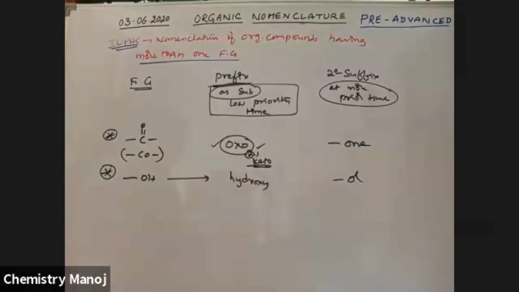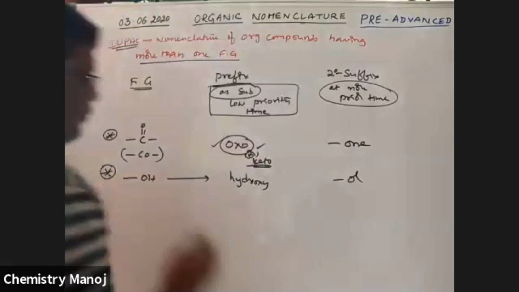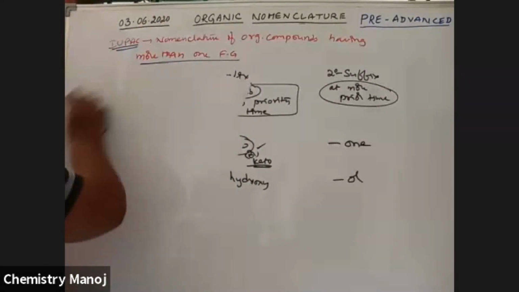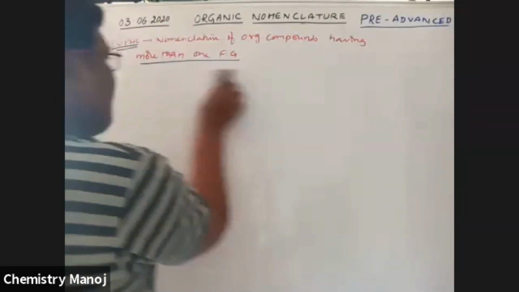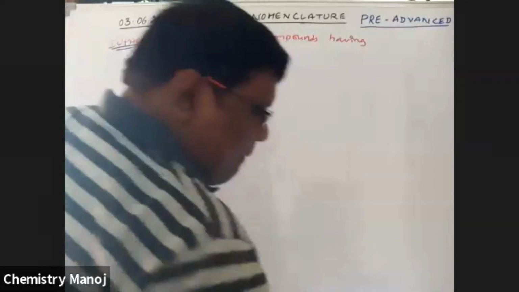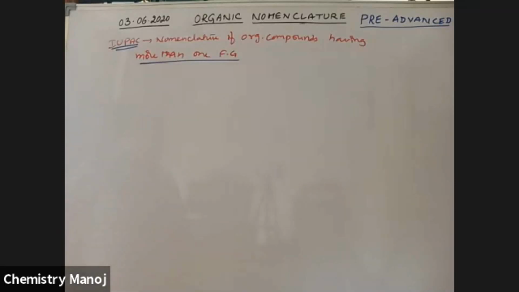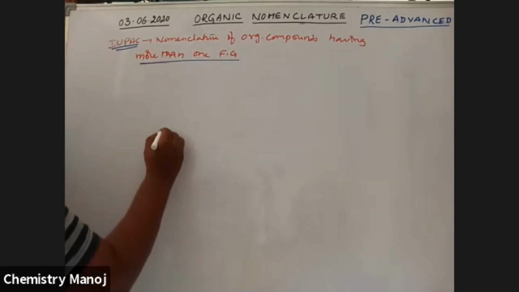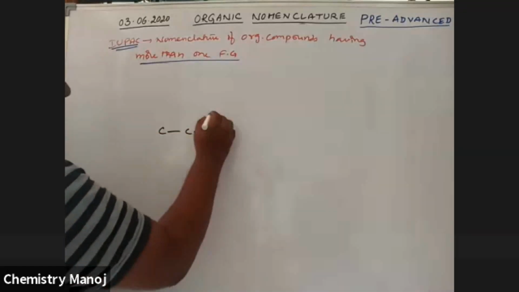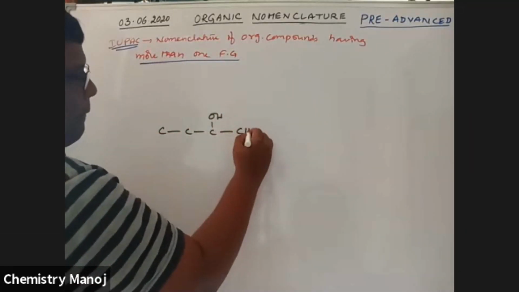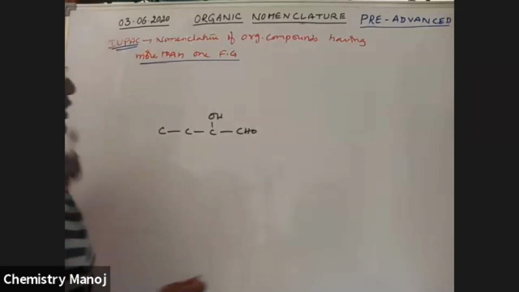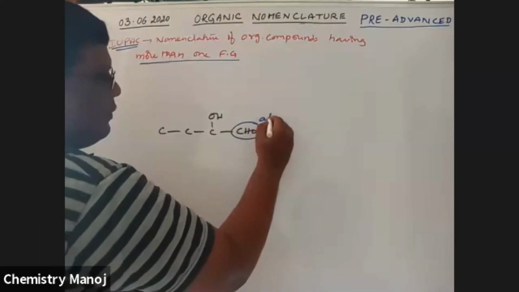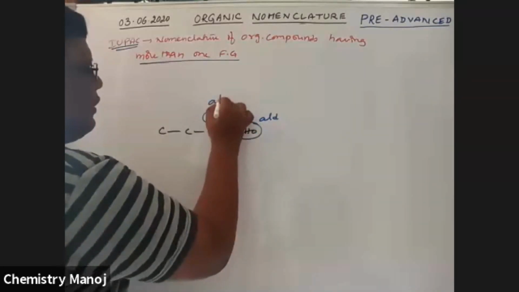Right? So see here, I'm taking some examples. Now, what is the name of this compound? Here, two functional groups are there. One is aldehyde, another one is alcohol.